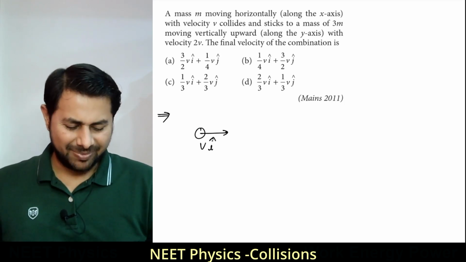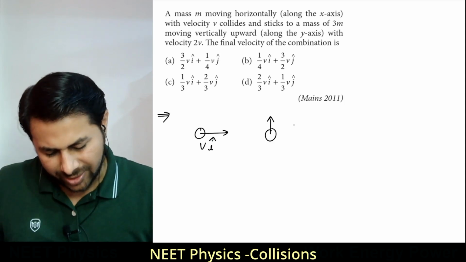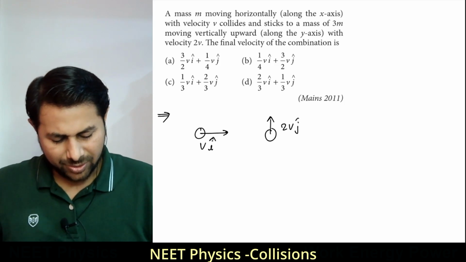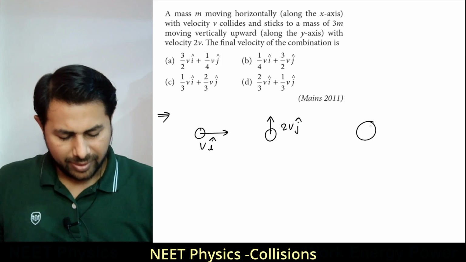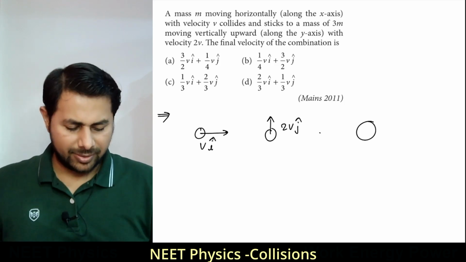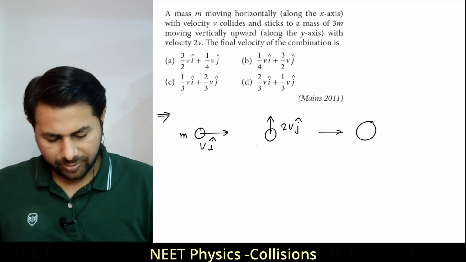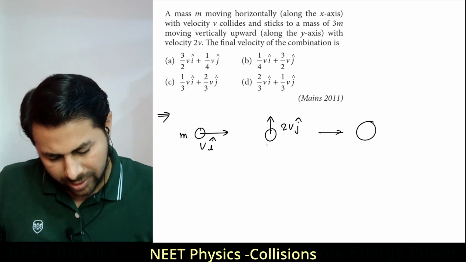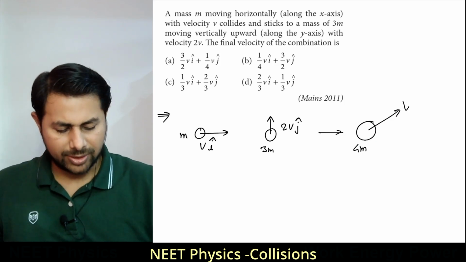The second mass was moving upwards with velocity 2v, so 2v times j cap. Then they collide and combine, so the total mass becomes m plus 3m, which is 4m.